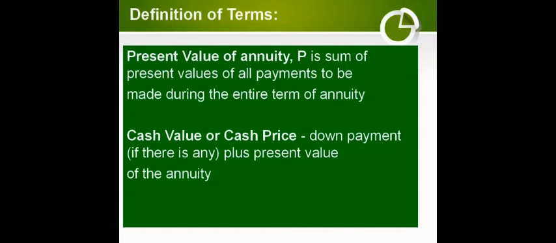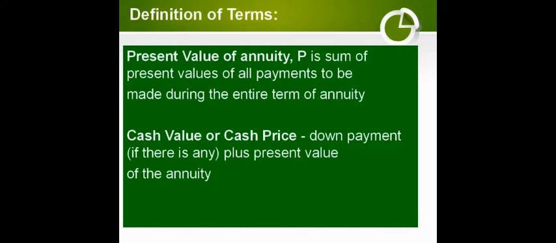Okay, next, present value of annuity, denoted by capital letter P, is the sum of present values of all payments to be made during the entire term of annuity. The cash value or cash price is the down payment, if there is any, plus the present value of an annuity.